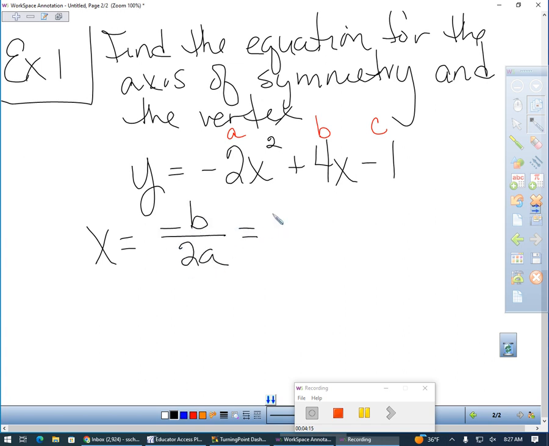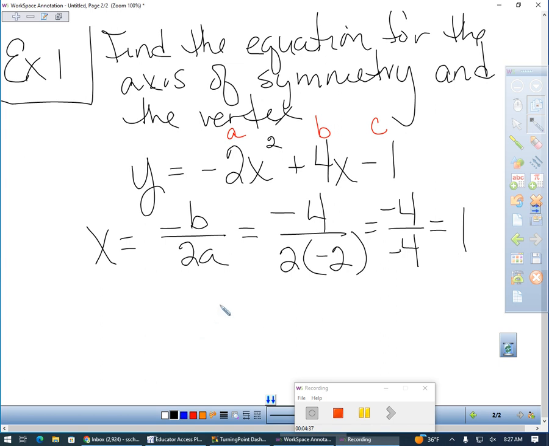So in this case, we have negative, our b value is 4 over 2 times our a value, which is -2. So I have -4 over 2 times -2 is -4. -4 divided by -4 is 1. So my axis of symmetry is at x equals 1.